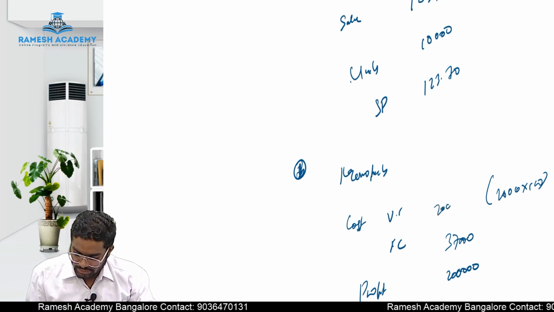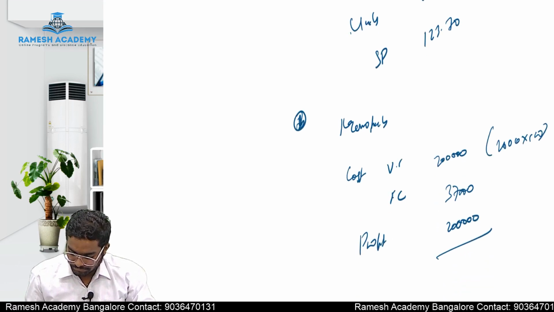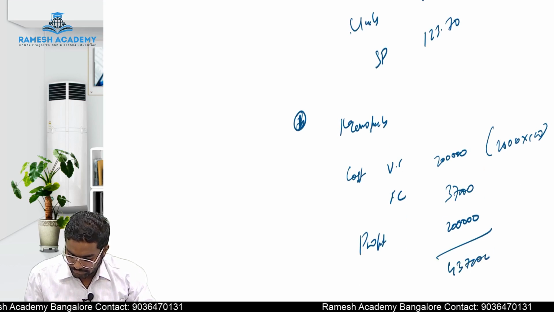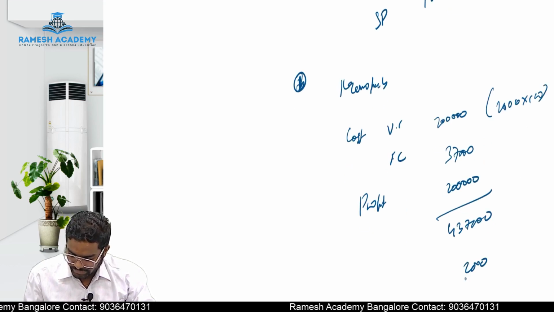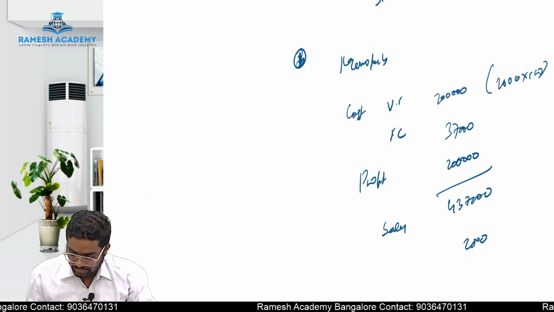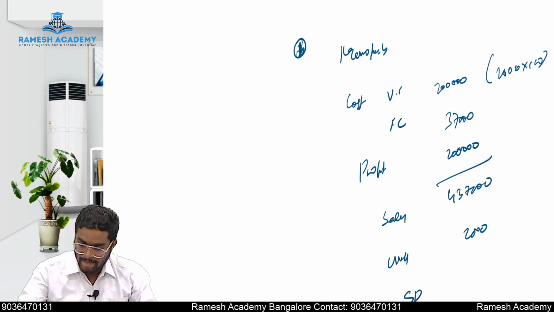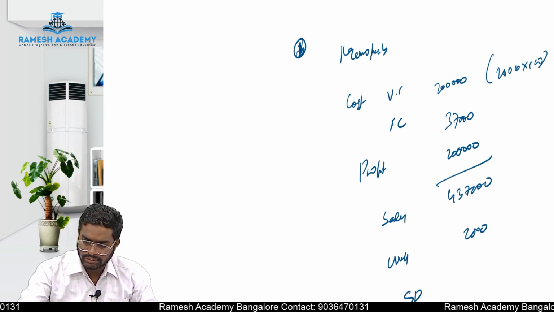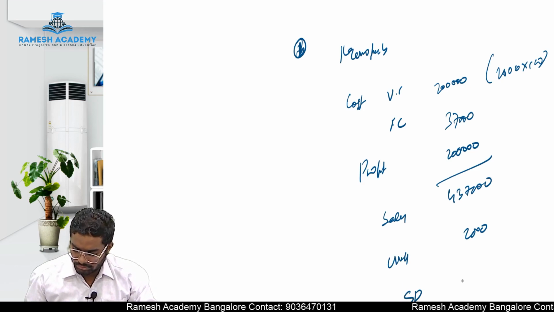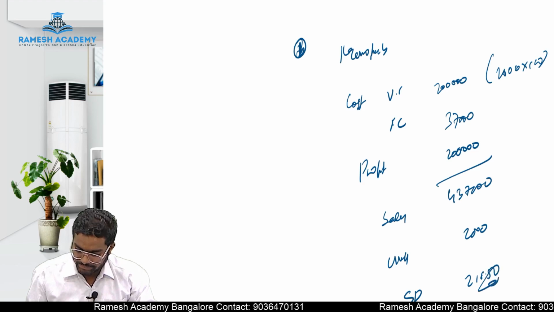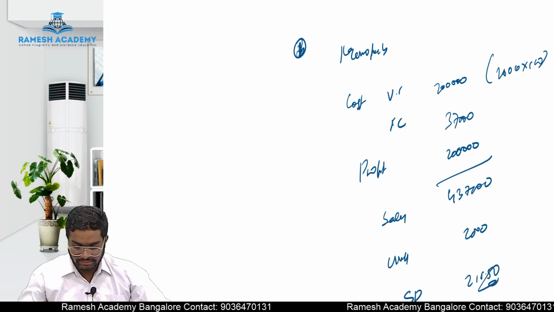So it is 4 lakh 37,000, sales divided by units. So we'll get the selling price. So 4 lakh 37,000 divided by 2000, 218.5. That is the answer. Please copy.